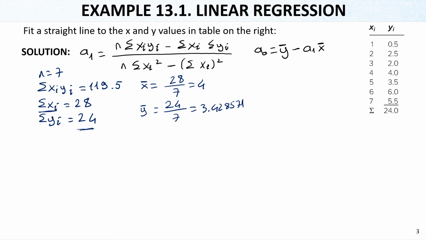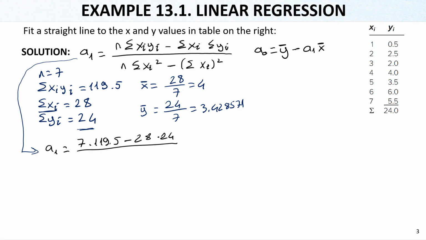Let's substitute these into a1 first. a1 is equivalent to 7 times 119.5 minus total xi, which is 28, times total yi, which is 24, divided by n, 7, times total xi square. Actually, we need to calculate this too. We forgot that. Let's write it here: total xi square.